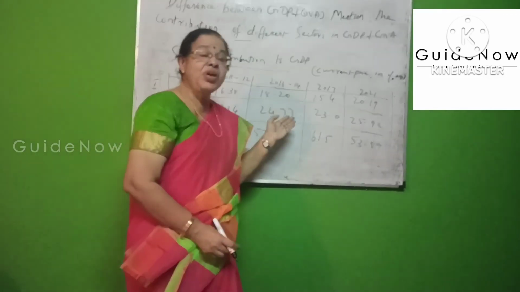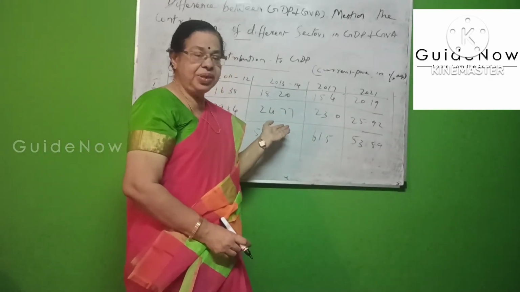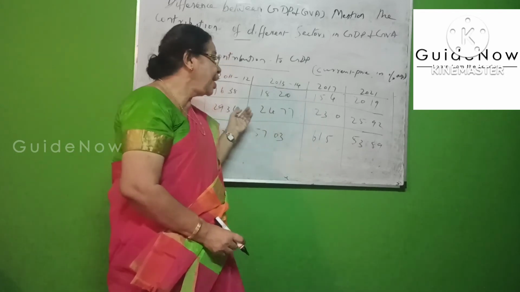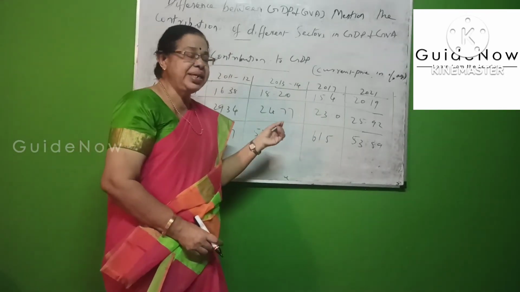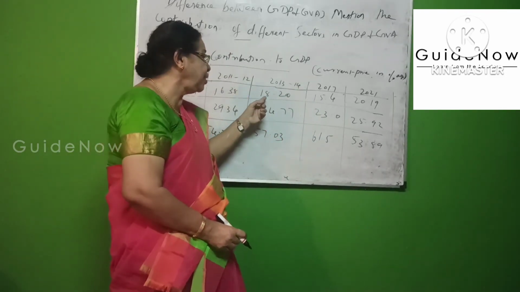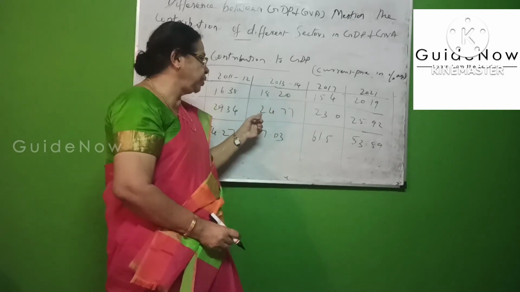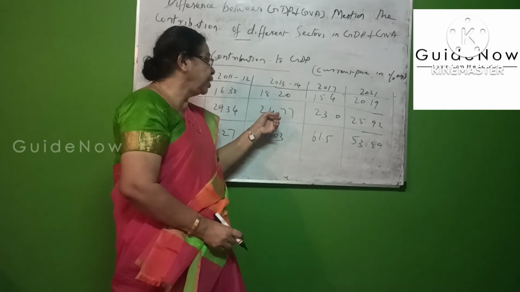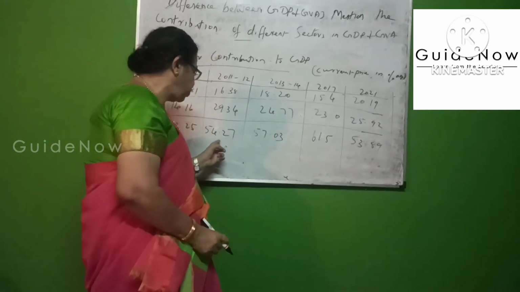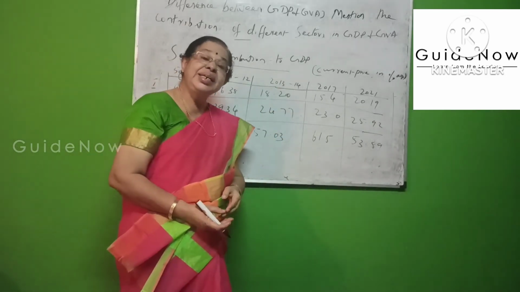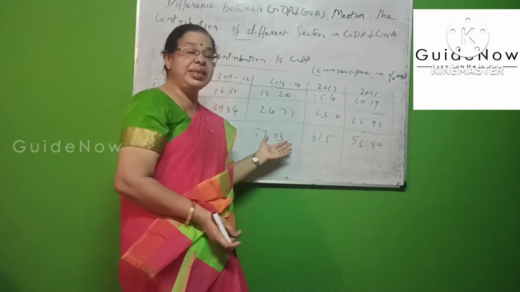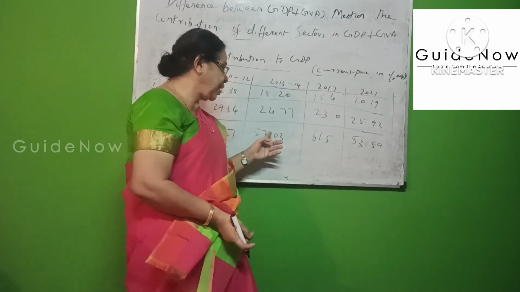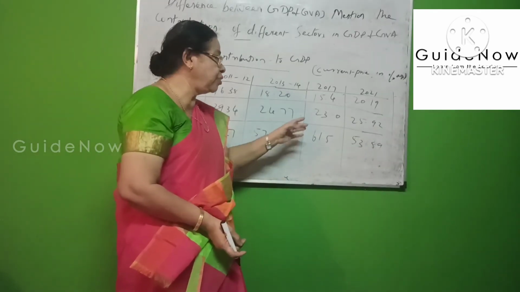Then in the year 2013-14, agriculture performance shows a minor, gradual increase to 18.20%, but the industrial sector comes down from 29 to 24.77%. There is a gradual increase in the performance of the service sector, 57.03%.